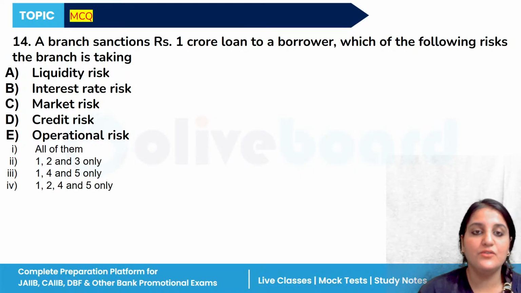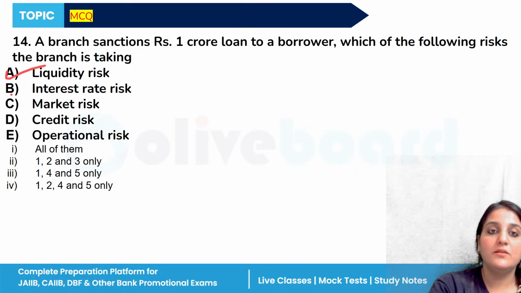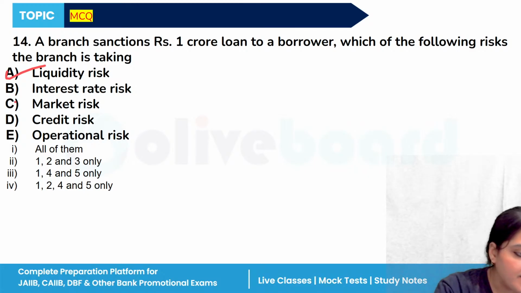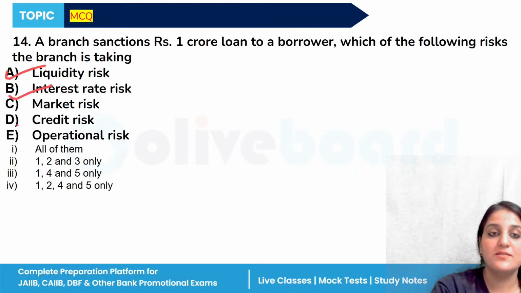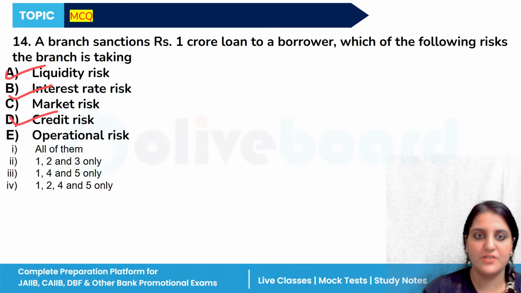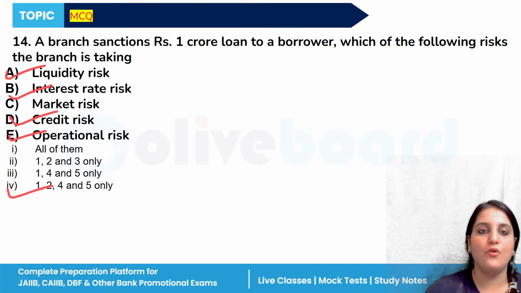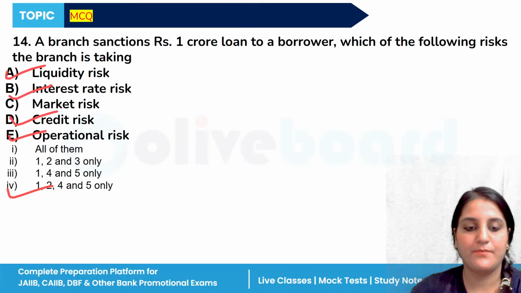But there is also liquidity risk, the chances of interest rate risk, and also the operational risk. So we can say that our fourth option is correct, that is 1, 2, 4 and 5 only.